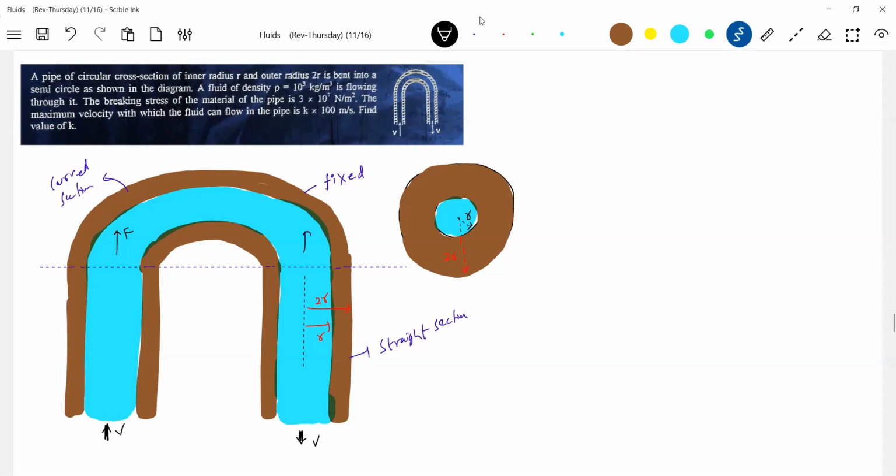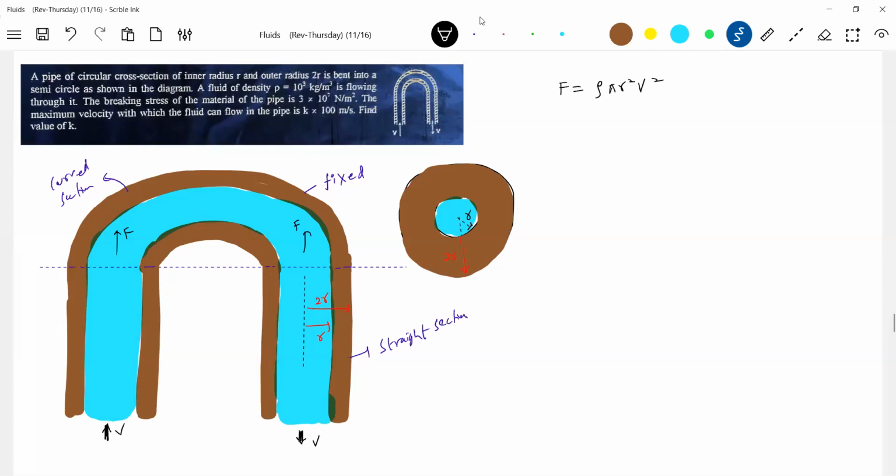This is F. F is equal to rho into area, which is pi r square, into V square.